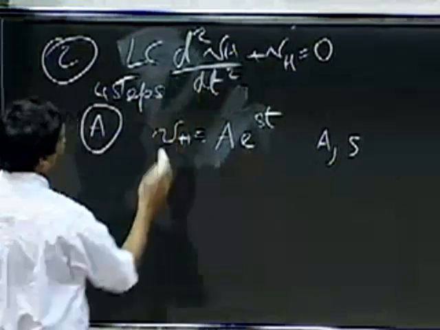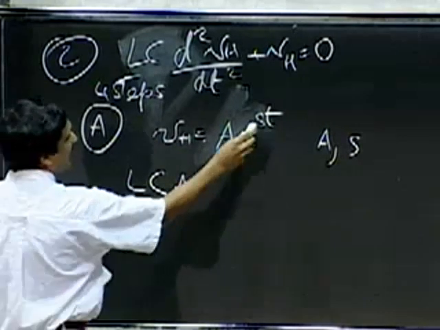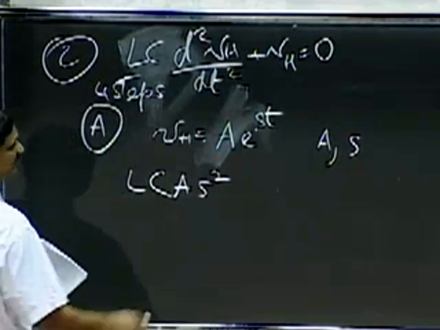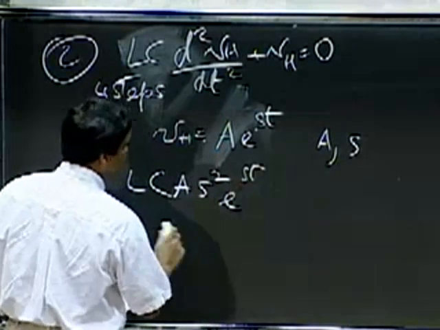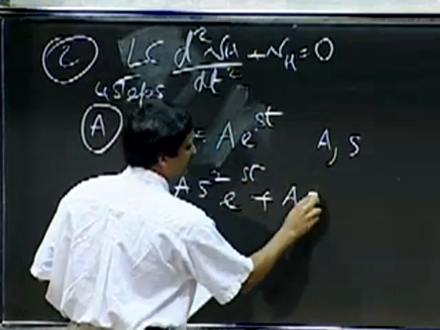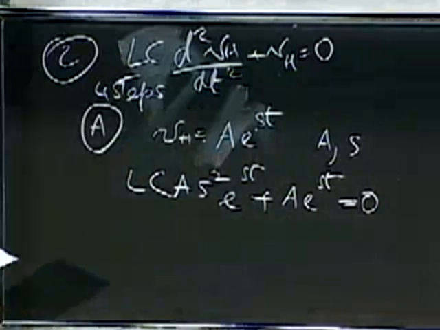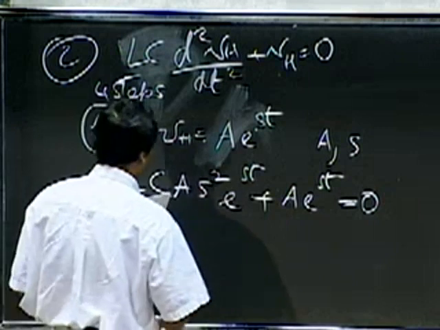So substituting A e to the st here, I get LC A, and second derivative, so it's s squared e to the st, plus A e to the st for this one here, and that equals 0. Then let me solve for whatever I can find.